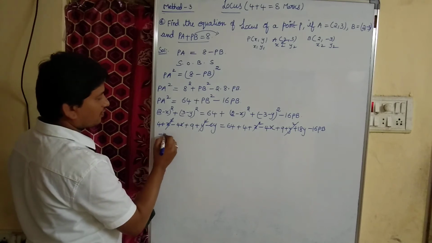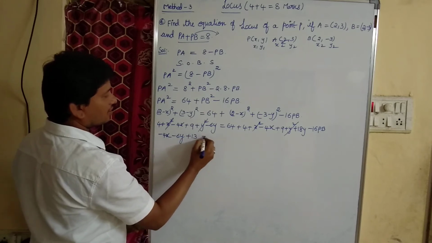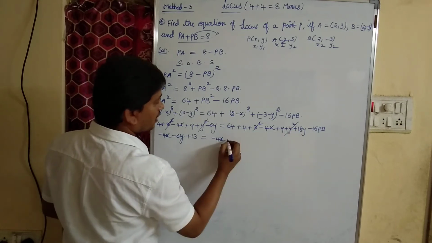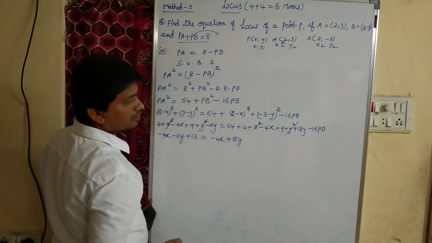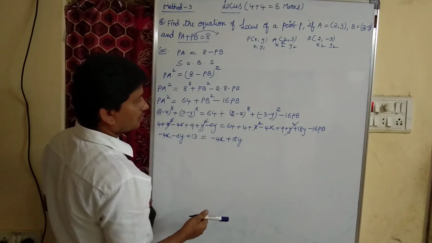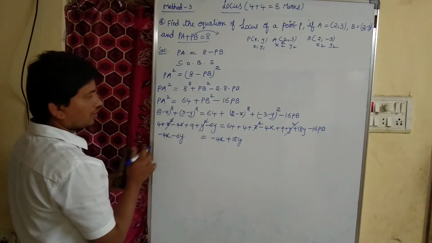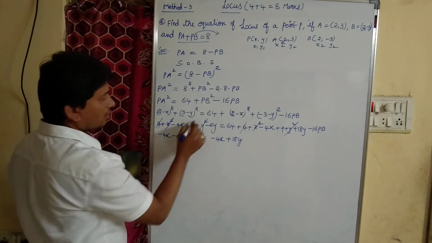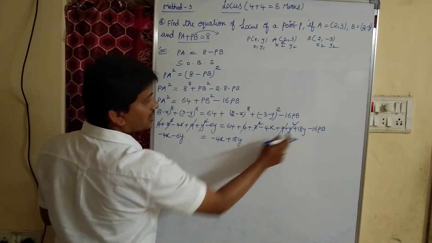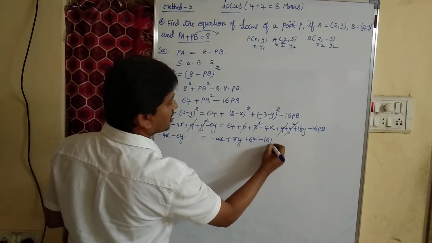So here we have minus 4x and here we have minus 6y, 4 plus 9 is 13, equal to, here we have minus 4x and then we have 18y and then 64 plus 4 is 68. One thing we will do, no need of writing 13 here. So 4 will cancel, 9 also let us cancel, equal to minus 4x plus 18y and here we have 64 minus 16 PB.